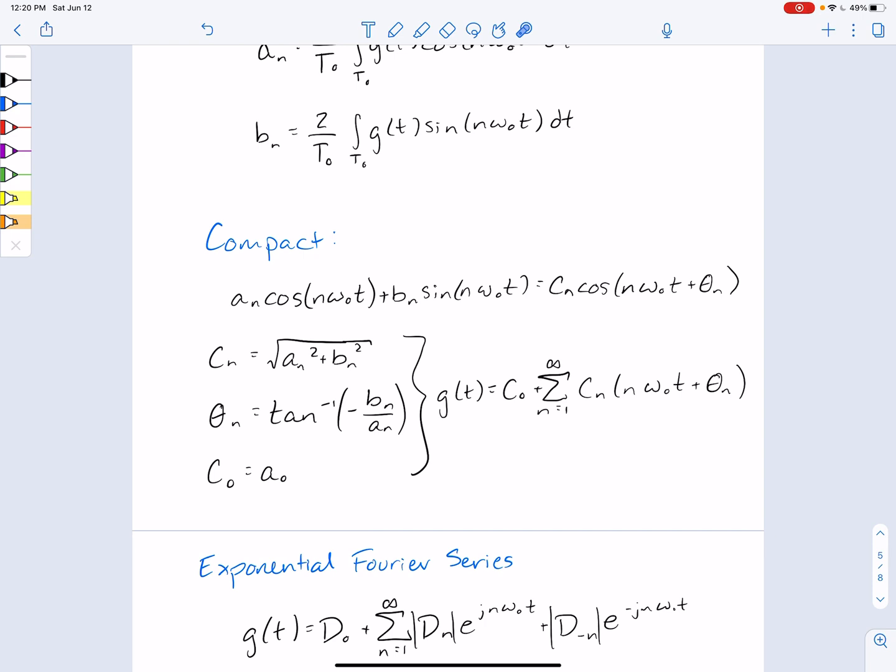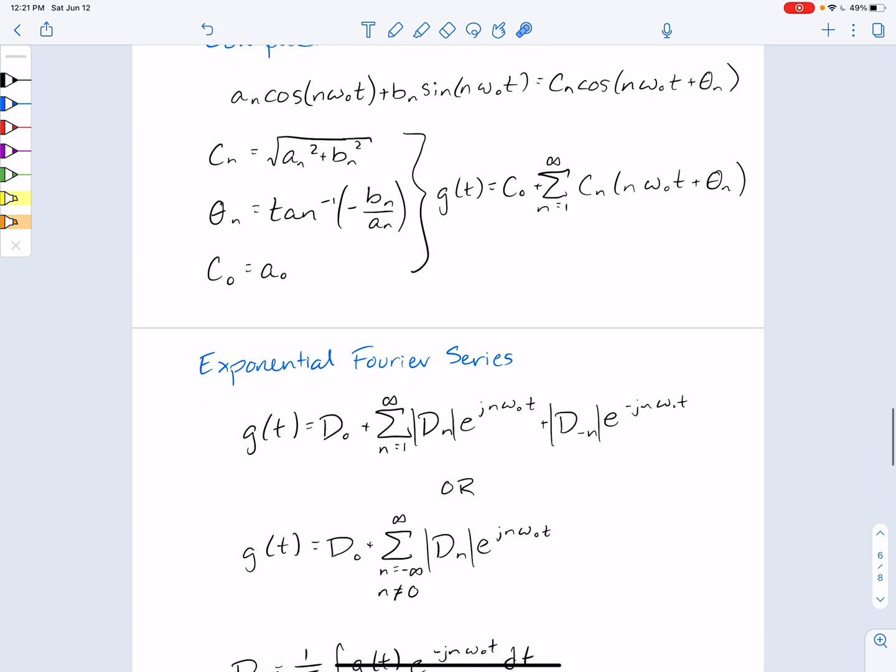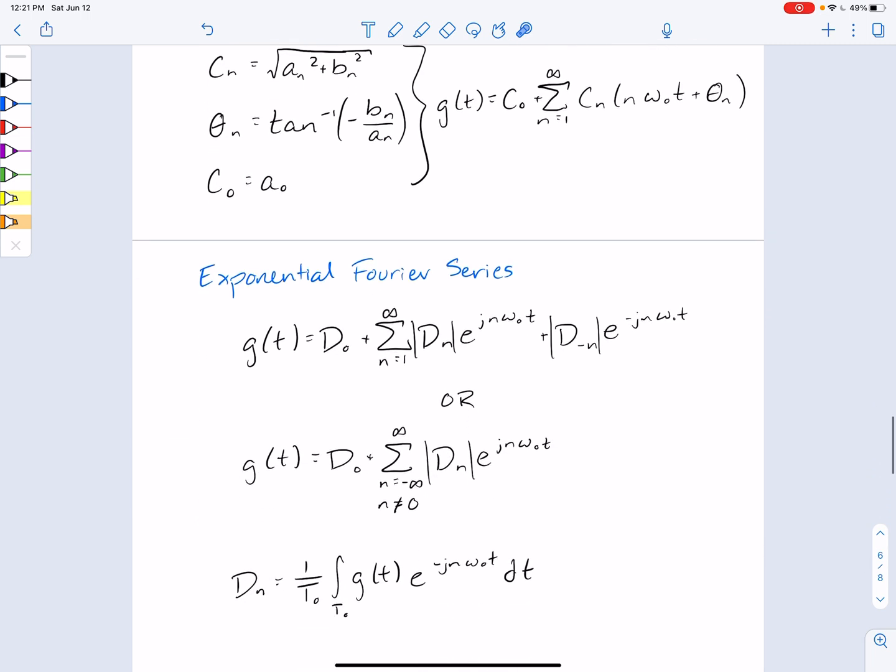Sometimes you seemed a little confused with calculating the coefficients and actually representing the Fourier series. Remember that the Fourier series is always going to have some summation in there, because it's a sum of all these different frequency components. I saw that especially with the exponential Fourier series. A lot of you would calculate Dn and say, oh, this is the Fourier series.